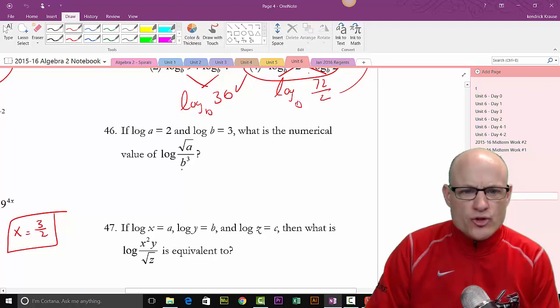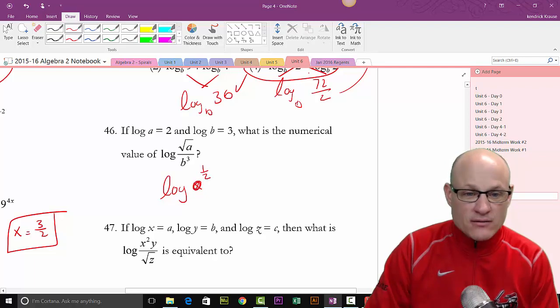Okay, so what I'm going to do, I'm going to rewrite this. So this is the log of a to the 1/2 minus log of b cubed, but the cubed goes back here. Oh wait, the 1/2 goes out front.